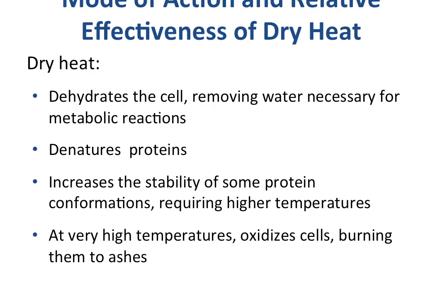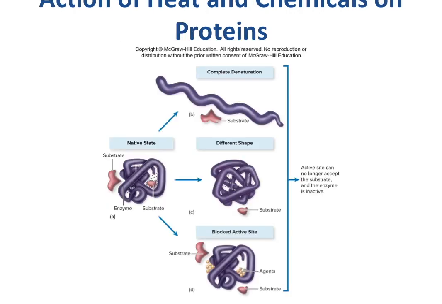So once the temperature is very high, such as several thousand degrees, the dry heat can directly burn the microorganism. So this is the protein. We know protein has different structures, such as tertiary and quaternary structure, right?